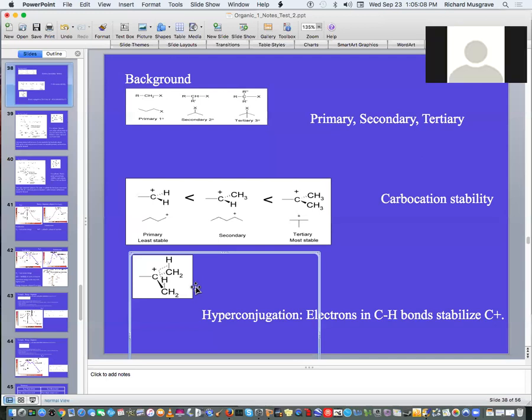I guess I really don't understand why the carbon is a positive to begin with. Oh, because I'm saying it is. But if it was positive, it was because there was something connected to it that took both the electrons with it, like a Br, for example, came off as Br negative, leaving that as being a positive charge. And why do the other C's have extra negatives? Well, they don't have extra negatives, no, but what they do have is electrons in the CH bonds, and those electrons are negatively charged.